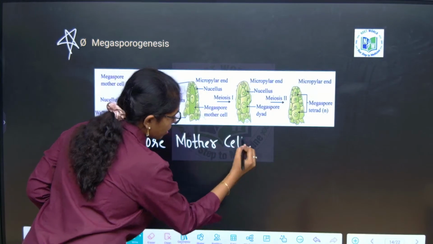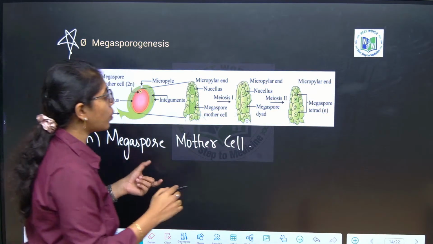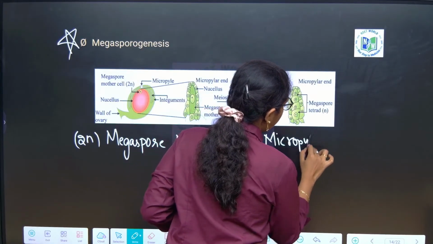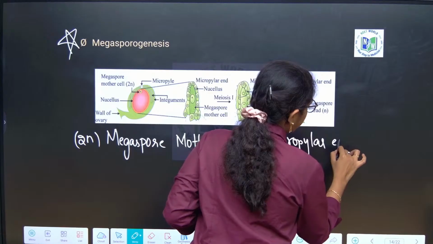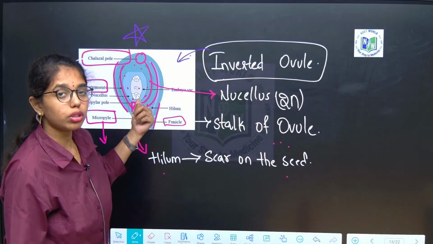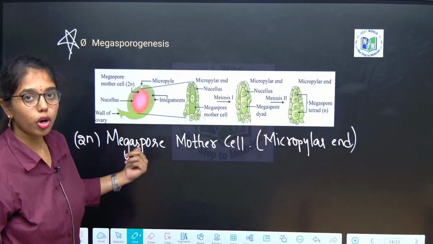This megaspore mother cell is diploid. Remember, micropylar end.